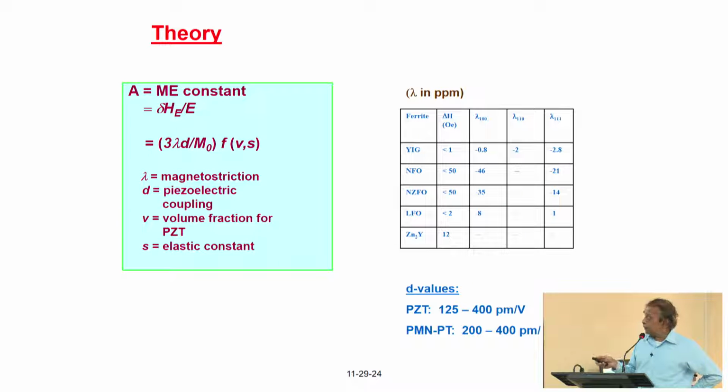So, these are some of the values of the important parameters for the ferrimagnetic oxides, and you are looking at yttrium iron garnet. You can have films with line width as small as 0.5 Oersted.